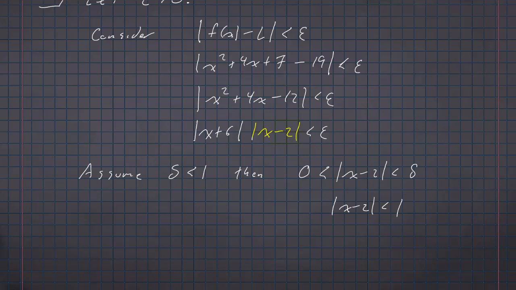If we assume that delta is less than 1, then the inequality 0 less than the absolute value of x minus 2 less than delta is satisfied whenever the absolute value of x minus 2 is less than 1. Whenever the first inequality is satisfied, the second one is also satisfied. There are conditions that would satisfy the second that wouldn't satisfy the first, but every condition that satisfies the first will also satisfy the second, and that's good enough for us right now.